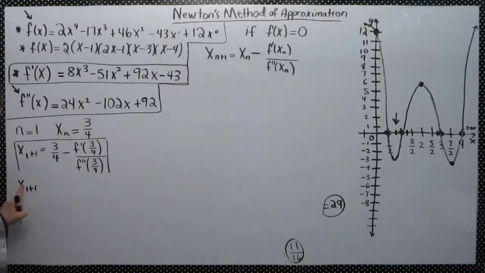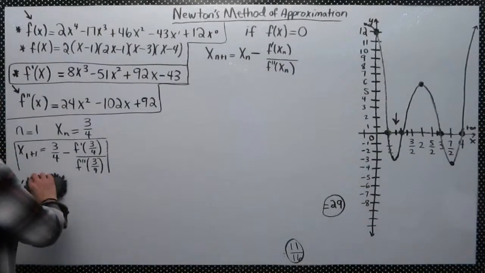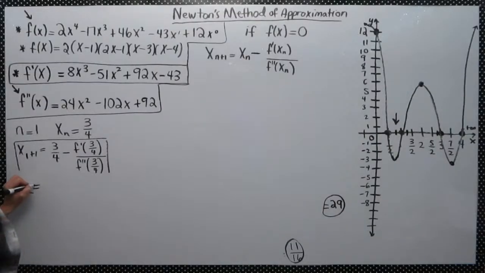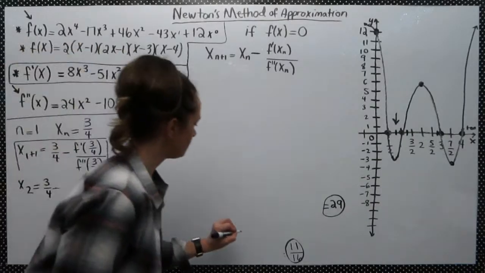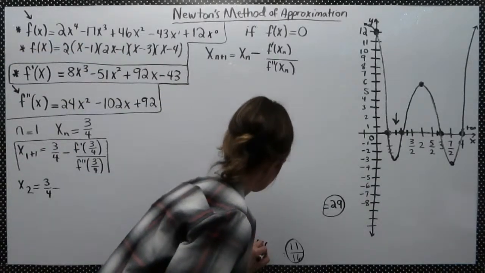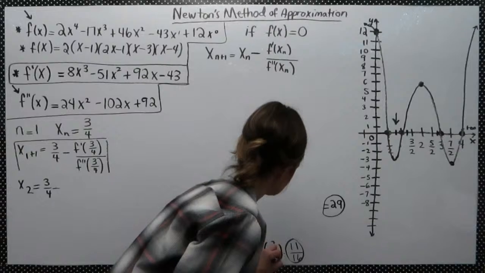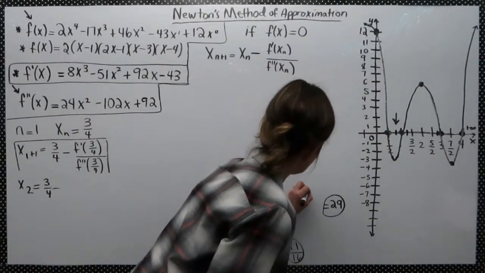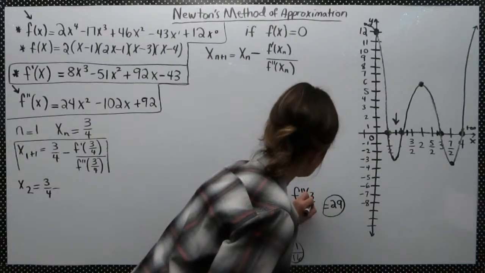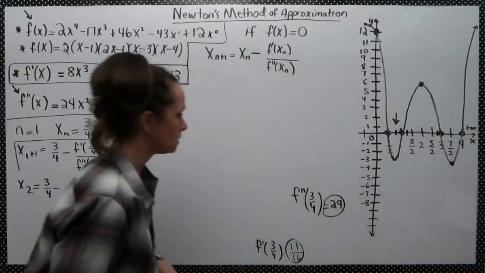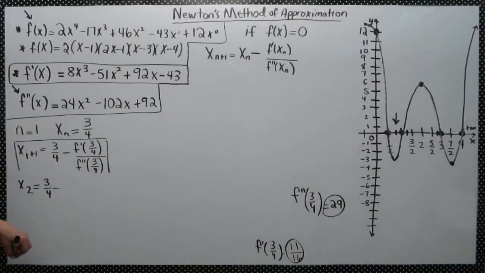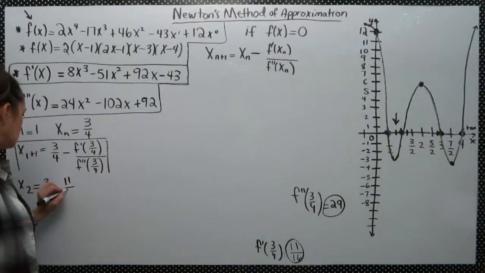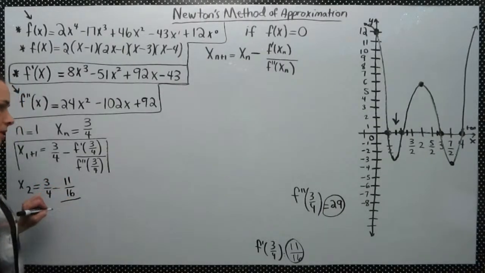That was 1, so that's 2, equals 3/4 minus, and then f prime of 3/4 over f double prime of 3/4, right there. So the original were 11/16 divided by 29.